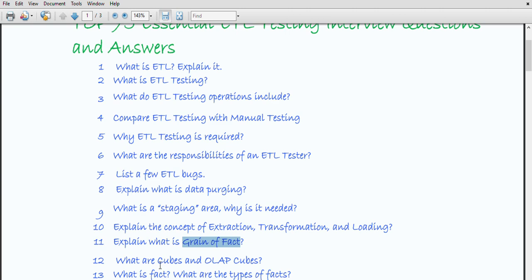Then the next main question is: what are cubes and OLAP cubes? Firstly, you have to know what is meant by OLAP. OLAP stands for online analytical processing.